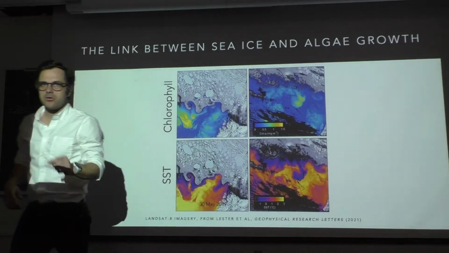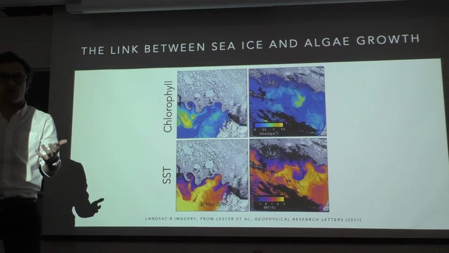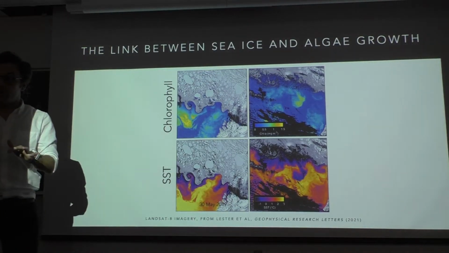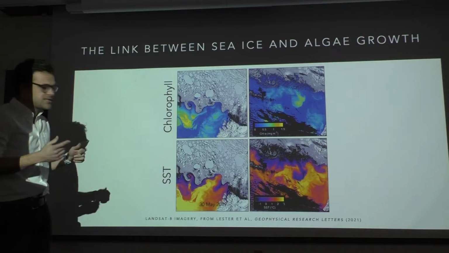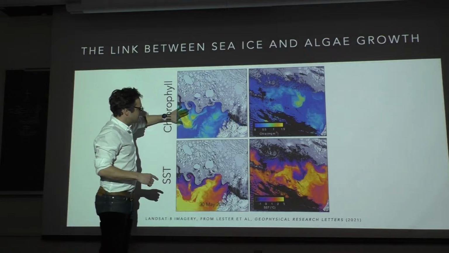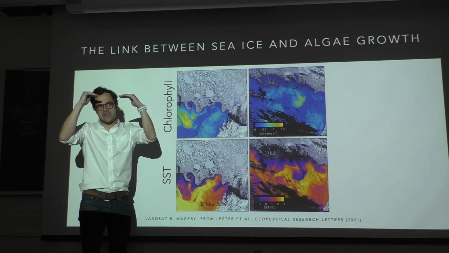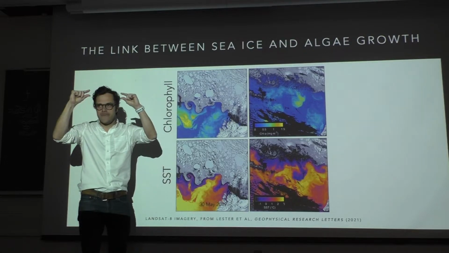And that is not trivial, because typically we associate warmer temperatures with larger growth. And so somehow, in this case, you have colder temperature producing those algal blooms. And what we think is happening in this world, it's very unique, is that the sea ice meltwater is fresh and light, and it sits on top of the ocean, and it stratifies that very top layer.